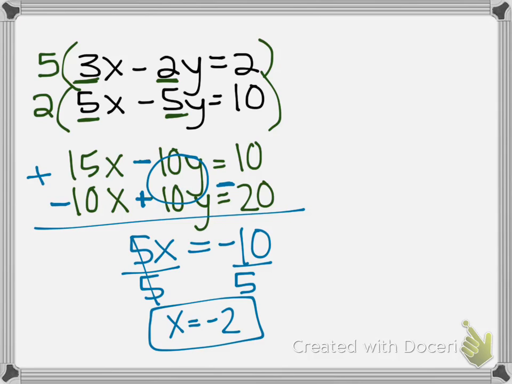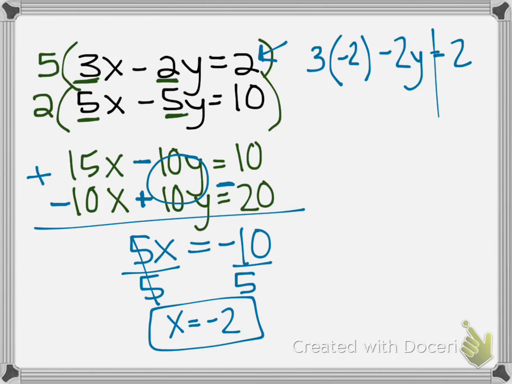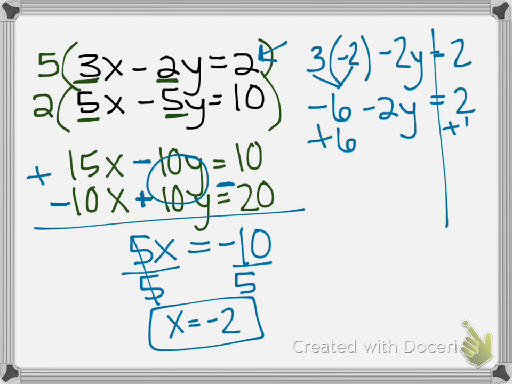So I found x. Now I need to find y. So I'm going to pick this top equation right here. So 3, I'm plugging in negative 2, minus 2y equals 2. So I'm going to multiply these together. I get negative 6 minus 2y equals 2. First thing I need is 0, so add 6 to both sides.